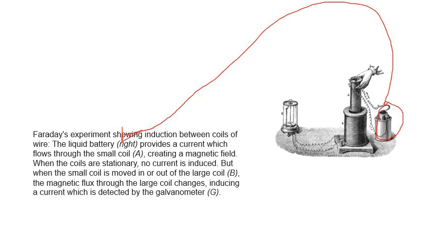Now you have two coils here. Where are the coils? These are the two coils. This one is the small coil A and this one is your bigger coil B.